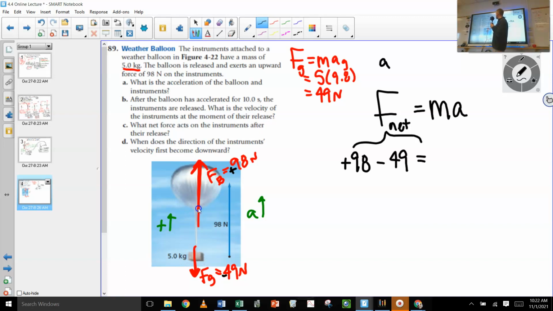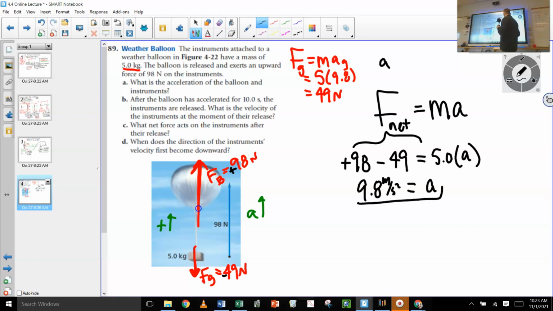My mass is 5. And my acceleration. So 98 minus 49, 49 divided by 5. The acceleration comes out to, this is funny, 9.8 meters per second squared. This thing is accelerating upwards at 1 g. It's accelerating away from the Earth at exactly 1 g.